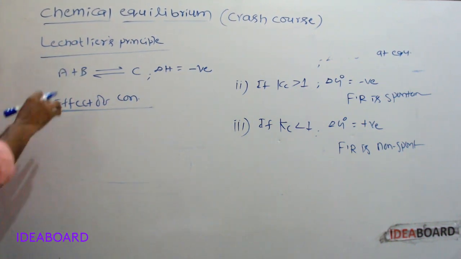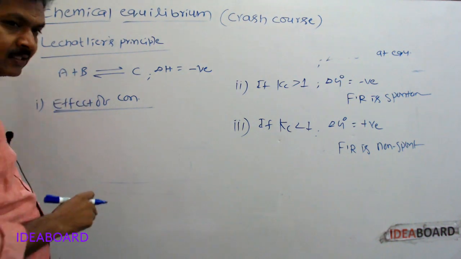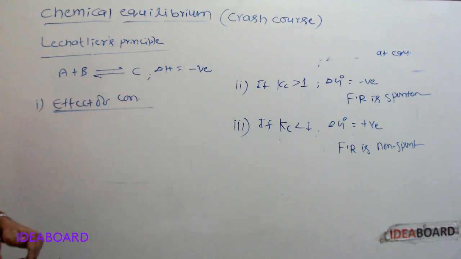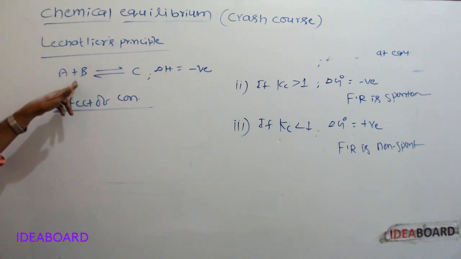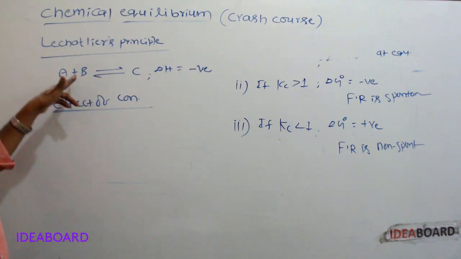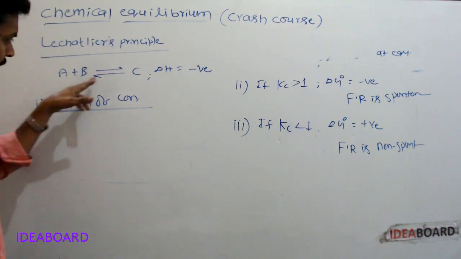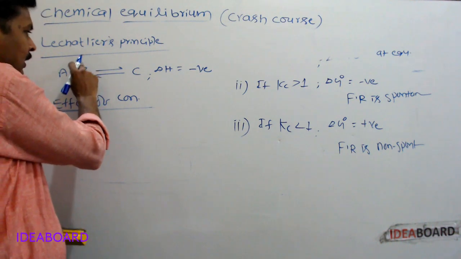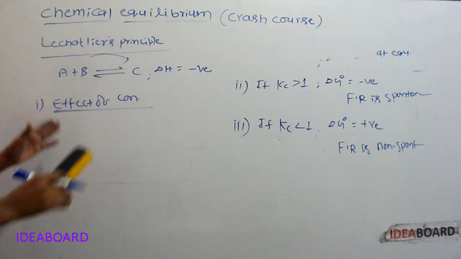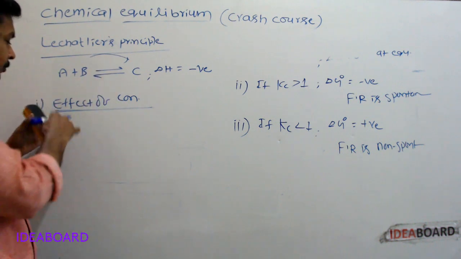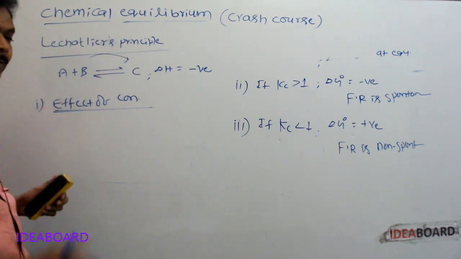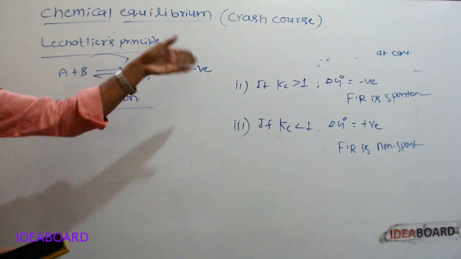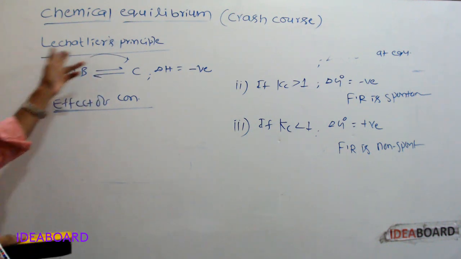In this reaction, if the concentration of reactants increases, then the rate of forward reaction increases. If the concentration of reactants decreases, then the rate of backward reaction increases. If we add some amount of A or B, we are increasing the concentration of reactant, so the rate of forward reaction increases.